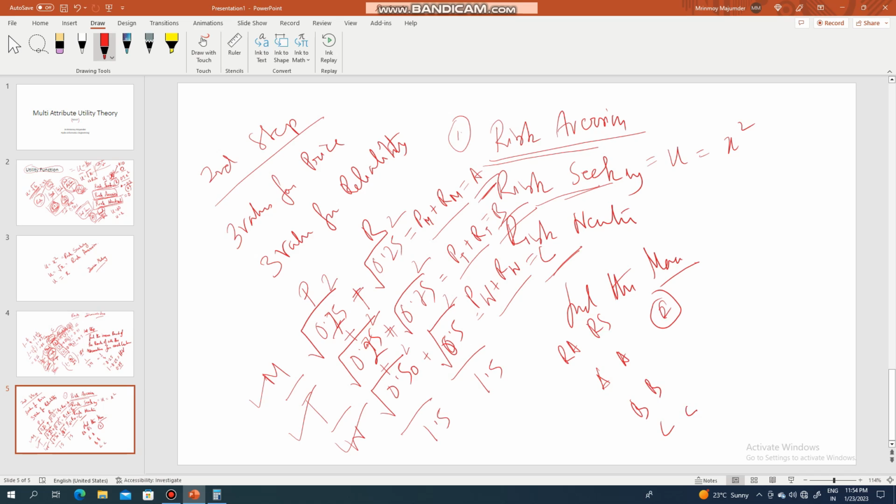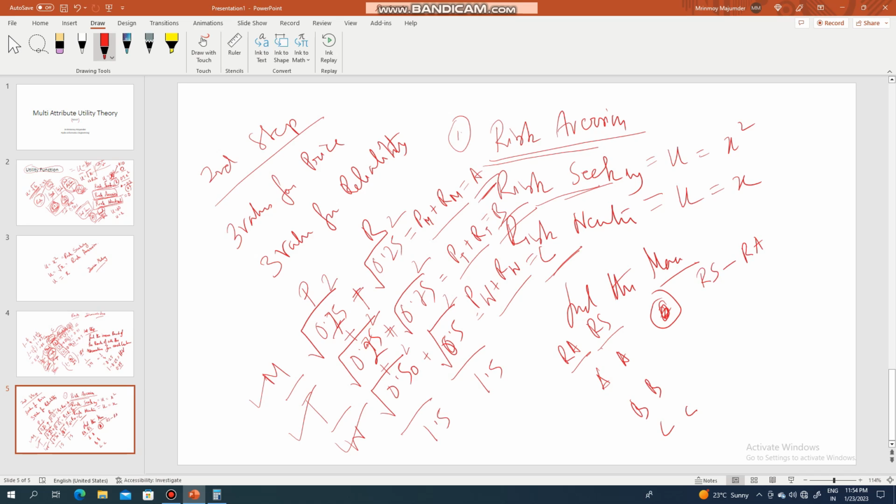No need to calculate the utility function for risk neutral because U is going to X. From these values of risk aversion and risk seeking, what we do is from risk seeking we minus risk aversion.